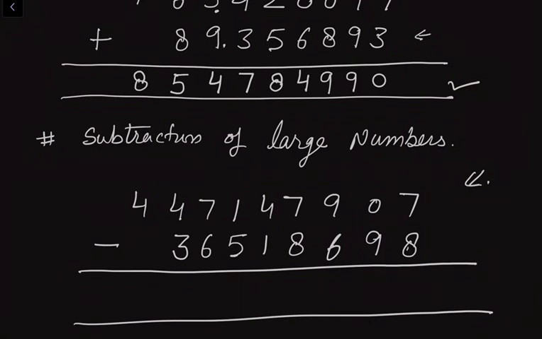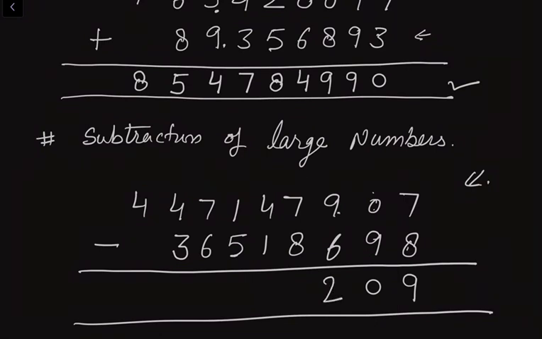So we will take borrow from 9 and 0 will become 10, and we will take one borrow from the 10, then 0 will become 9 and 7 will become 17. So 17 minus 8 is equal to 9. Now it is 9. 9 minus 9 is equal to 0. Now it is 8. 8 minus 6 is 2.